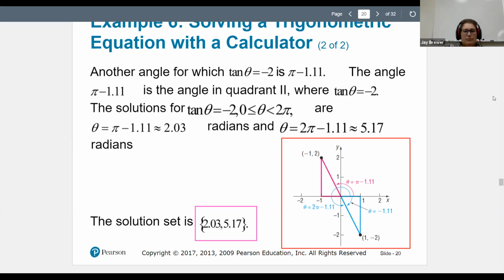There have definitely been some problems that I've done on Pearson where the only way I was able to get it correct was once I did the diagram. Okay. Any questions on that? No?